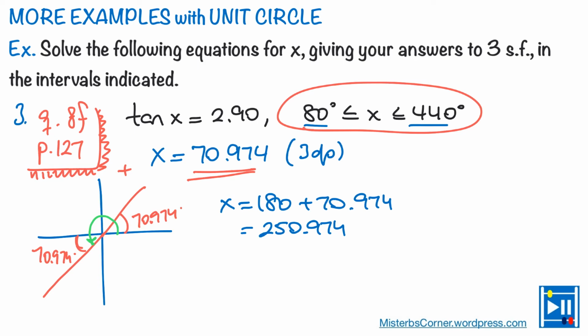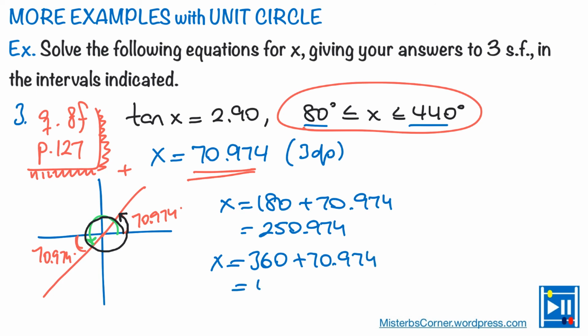A second answer is I'm going to make a full round. I'm going to make this full round 360 and then 70.974 more. Let's see what I'm going to get. x equals 360 plus 70.974.